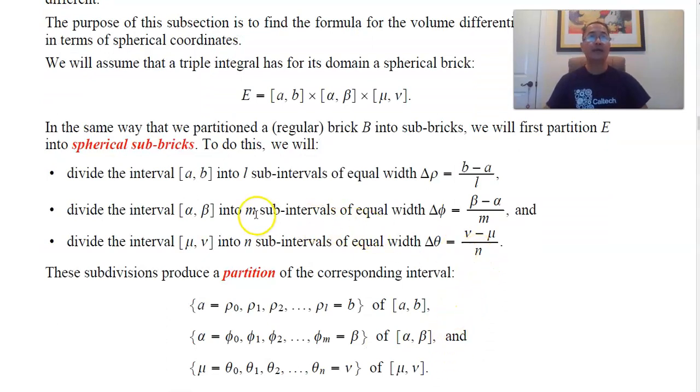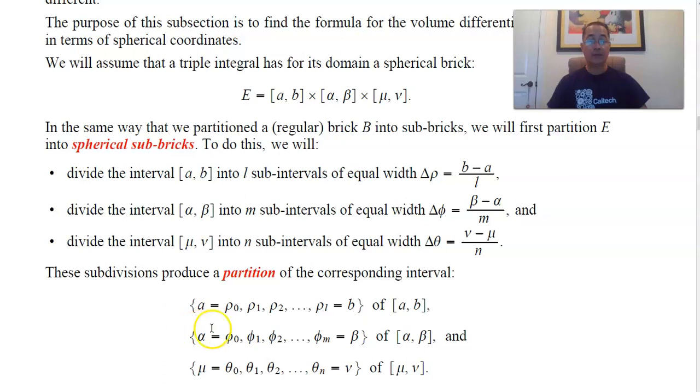As usual, we're going to subdivide AB into L subintervals. So the width is denoted delta rho, B minus A over L. Similarly for alpha beta, that's for phi. So delta phi is beta minus alpha over m. And for theta, we will have nu minus mu over n.